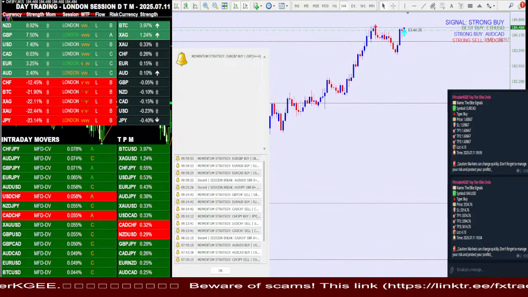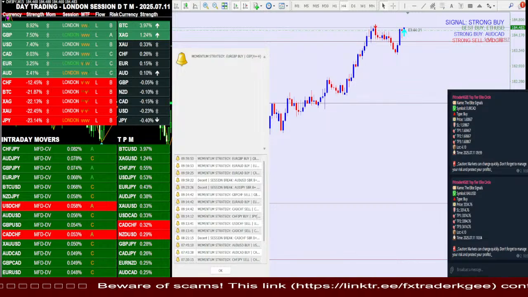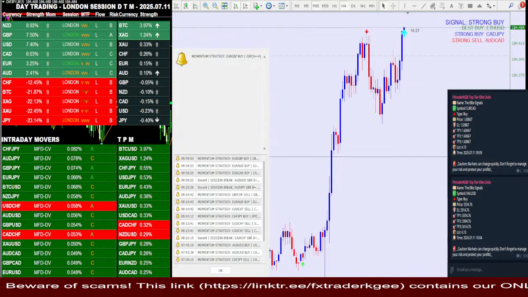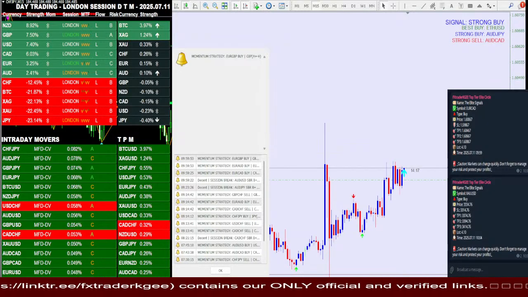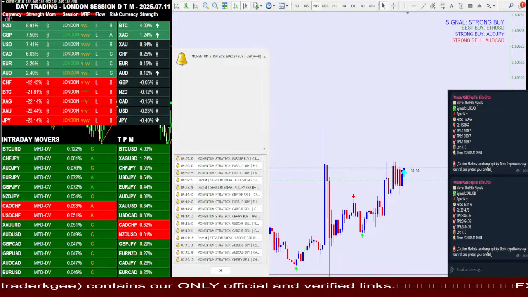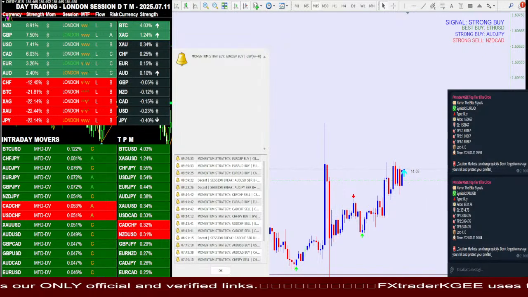And also there is AUD CAD, which is just gathering momentum to break out of the session range it is currently in. Then we have Euro CAD, which is also a buy. So all three I've mentioned are buy orders. This is also in the profit area of the buy order.